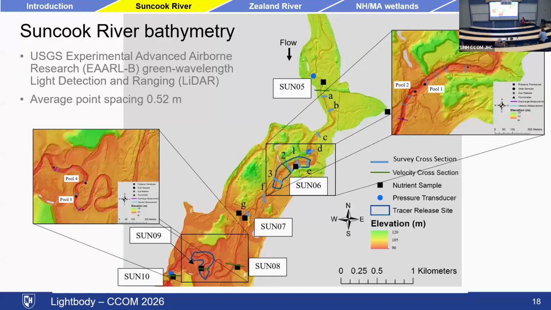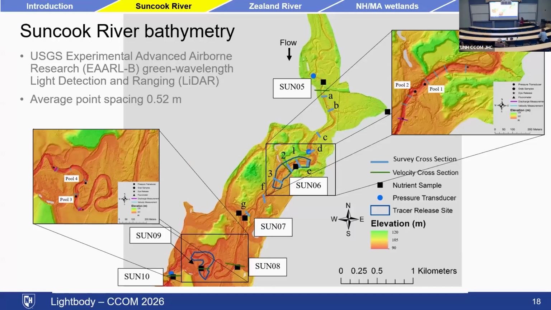This is giving us not only the floodplain overbank areas, which is what we normally can get with LiDAR, but it's also giving us the bathymetry, the bed of the river underneath. And it's picking up really detailed bars and features on the bed, which create roughness, which are affecting the flow.